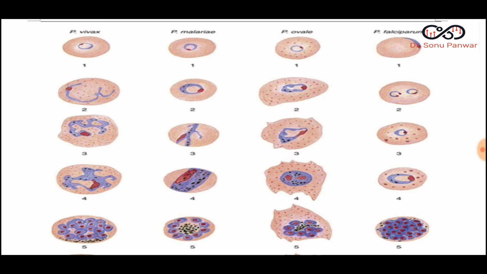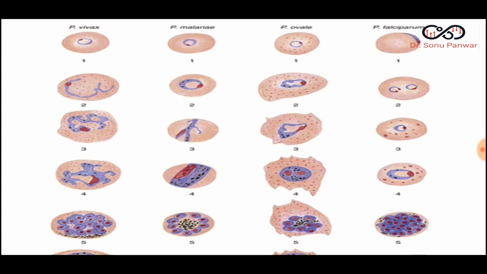Then the third one is a late trophozoite in red blood cells with certain fimbriated edges, as they call it. Then the fourth one is the developing schizont with irregularly shaped RBCs. So focus on the numbers only.